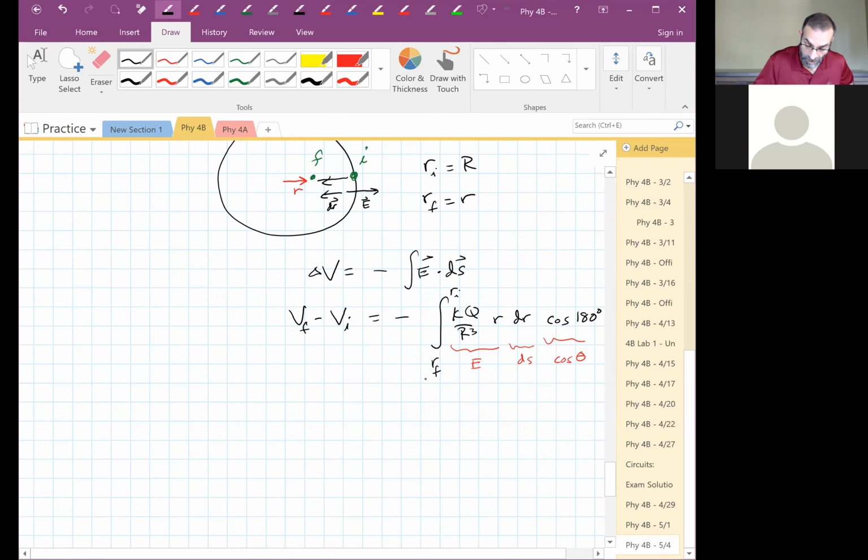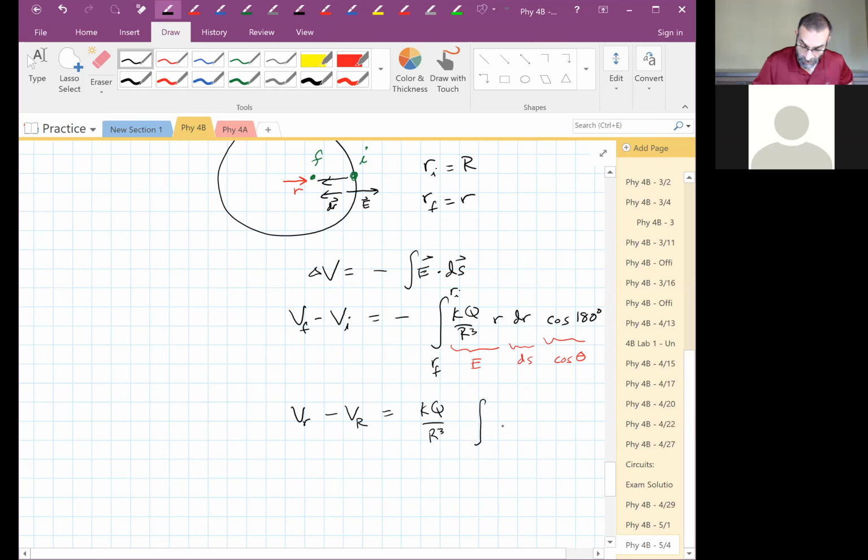So let's go ahead and plug in what we know here. So what is this? This is going to be V at any r minus V at the boundary of our charge distribution, capital R. And that has to equal negative, and a negative becomes a positive. I've got a kq over R cubed. Those are just positive constants.